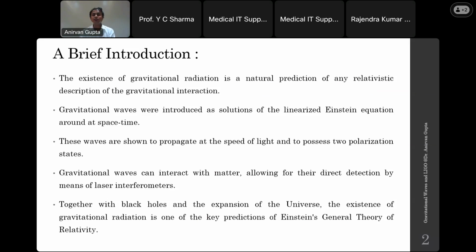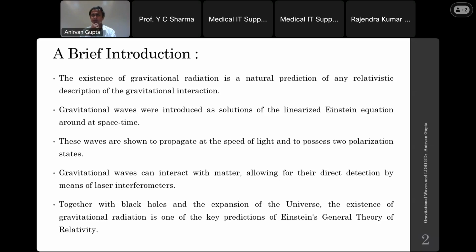Gravitational waves can interact with matter, and we can have their direct detection by means of laser interferometers.